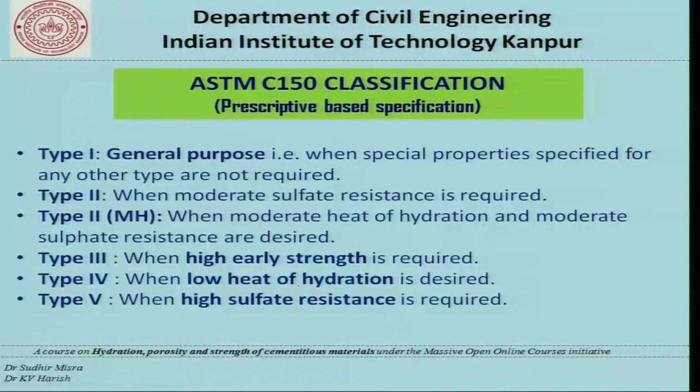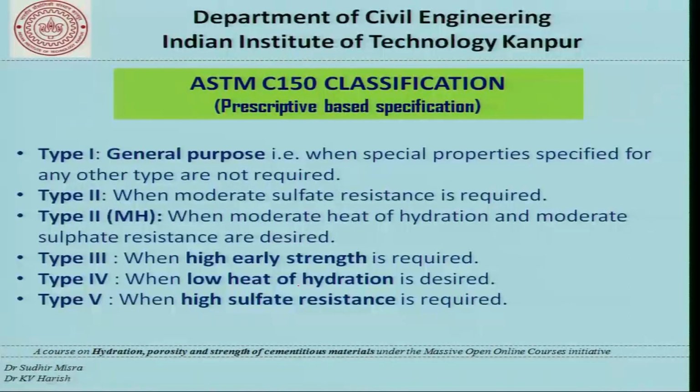Type 1 is a general purpose cement which is used when special properties specified for any other type are not required. Type 2 cements are moderate sulfate resisting cements. Type 2 MH are those which are moderate heat of hydration and moderate sulfate resistant cements. Type 3 are high early strength cements. Type 4 are low heat of hydration cements, and type 5 are high sulfate resistant cements.